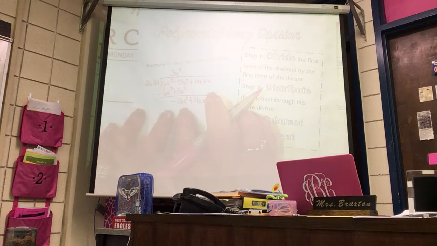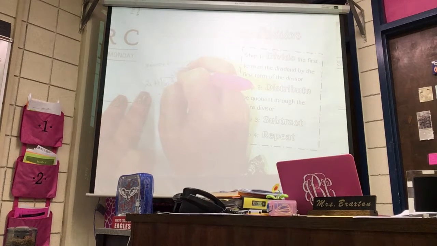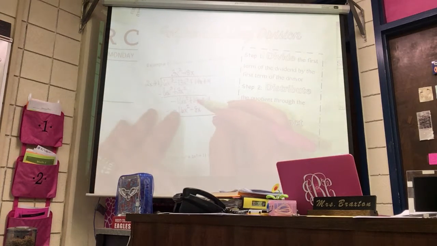Then I look at the first term again, negative 16x squared divided by 2x, and what do I get? Negative 8x. So negative 16x squared minus 8x. I'm subtracting. They cancel. What is 14x subtract negative 8x? 22x.